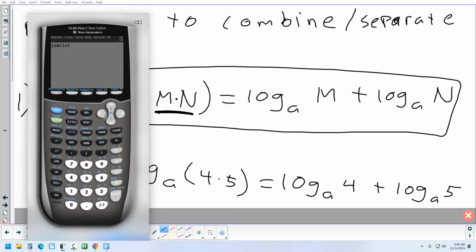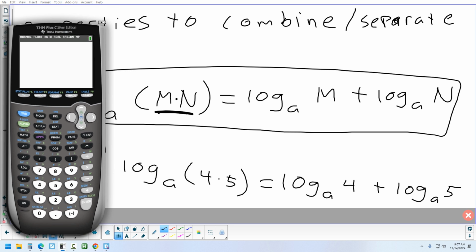Okay, if I type in log of 20, which is 4 times 5, or I do log 4 plus log 5, well, if you do plus, it'll work, not if you do minus. You get exactly the same thing. Okay, so log of 20 is the same as log 4 plus log 5.